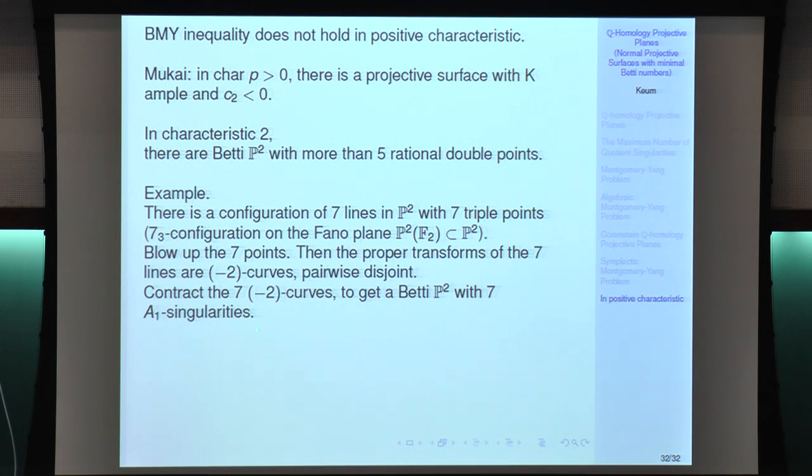It's not coming from a quotient. The order 2 action in characteristic 2 is a wild action. So maybe still we have some hope, with certain restrictions. Maybe we still have some BMY inequality in positive characteristic, under the quotient singularities.